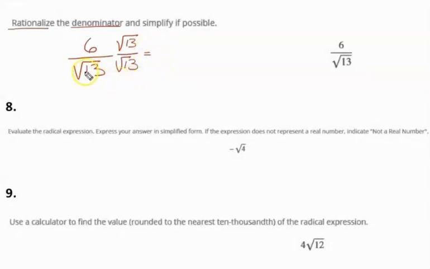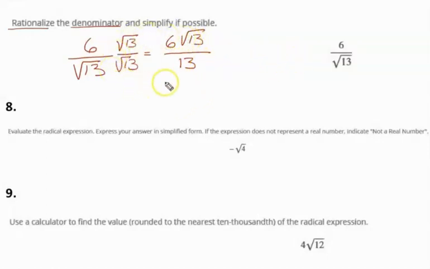Now, whenever you have 13 times 13, this is going to square this so that our denominator now becomes the square root of 169, which is 13. We have rationalized the denominator. But now our numerator becomes 6, the square root of 13.